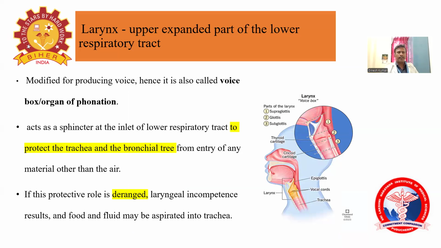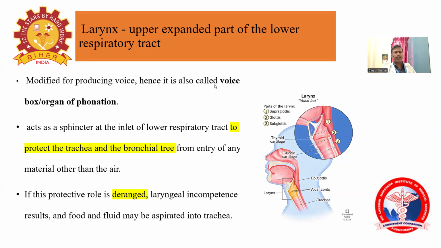So what is the larynx? The larynx is the upper expanded part of the lower respiratory tract. It is modified for producing voice, and it is also called the voice box or organ of phonation.